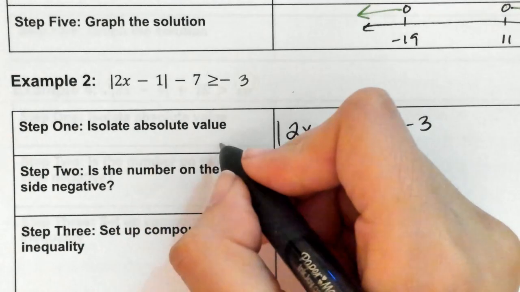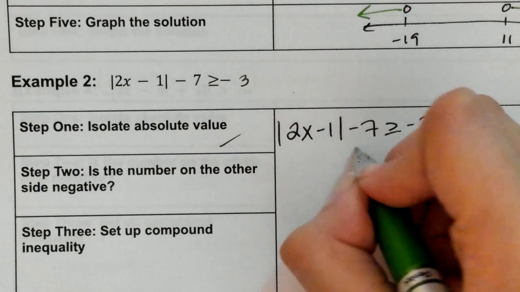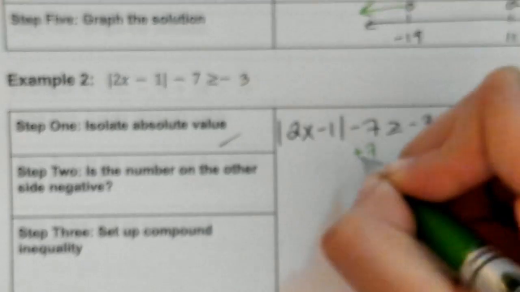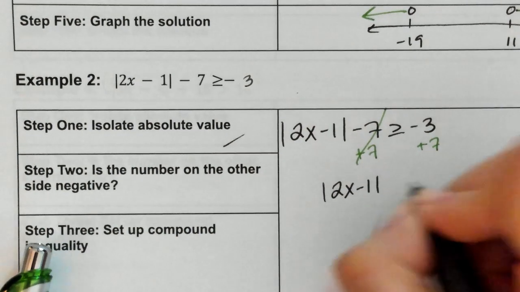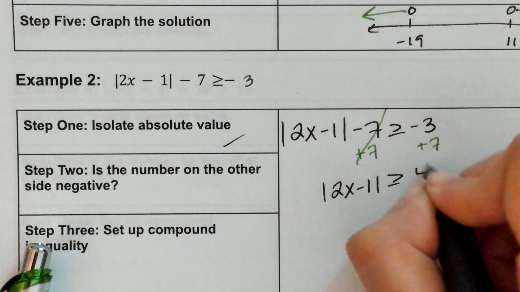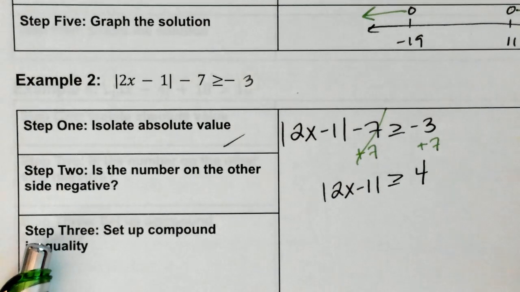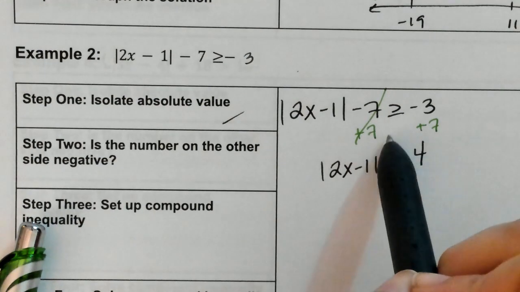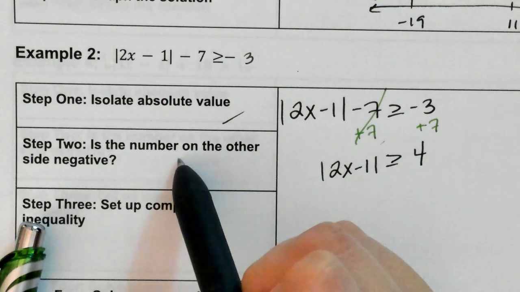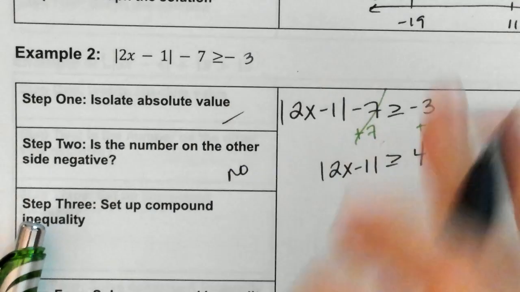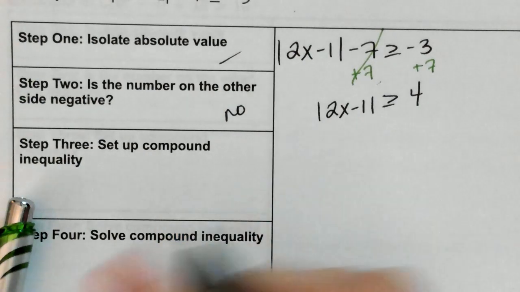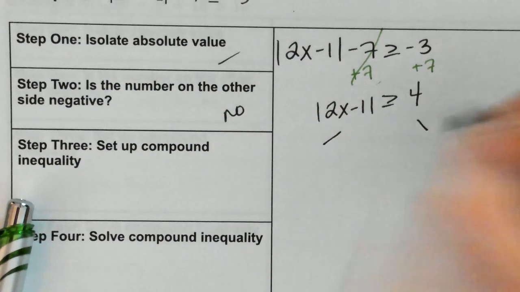So we have to isolate my absolute value. So same thing as last time. I need to add 7 to both sides to get the absolute value by itself. So absolute value of 2x minus 1 greater than or equal to 4. Perfect. Now that is isolated, I need to check, okay, is the number on the other side negative? No. So I can go on to step 3, which is write my positive and negative case.